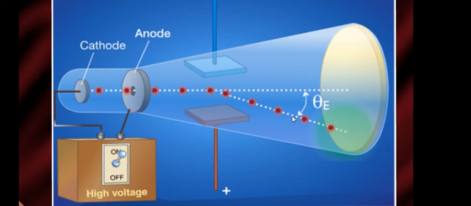Because he was able to measure the angle at which they were deflected from their original path, he was able to determine the mass of the particle. And he could tell that it was negative, but then when he was able to determine the mass, he knew that he had an actual particle involved there. So that was the discovery of the electron using the cathode ray tube.